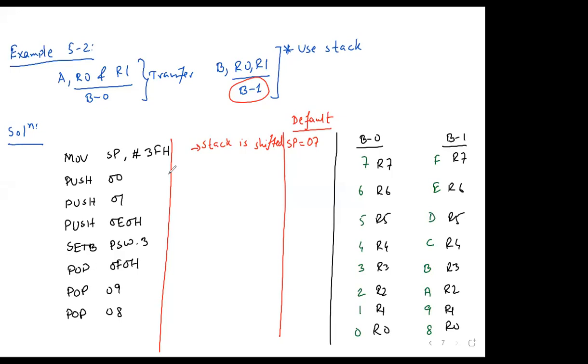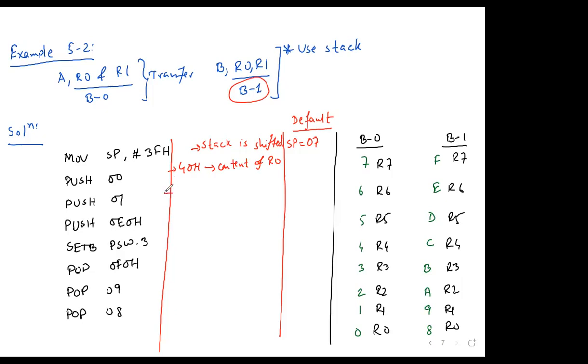Okay, sir. If I go to the next line, push 00, tell me where will the value be stored? In which address the value will be stored? 40. Exactly. So the address will be 40H, and in this location the content will be the content of 00, that is content of R0. So 40 will contain the content of R0.